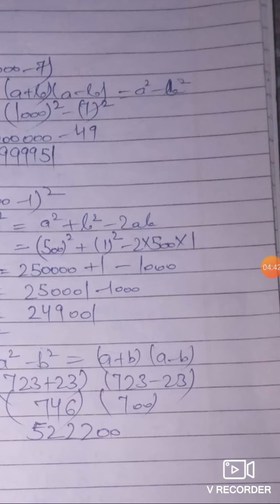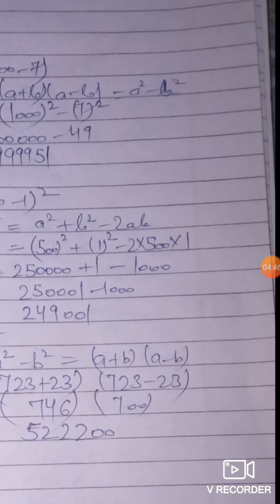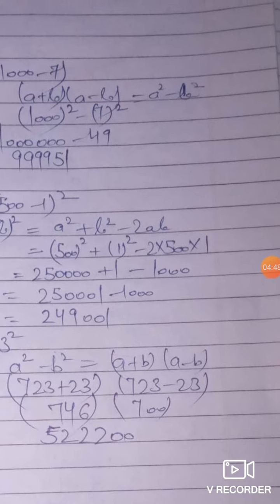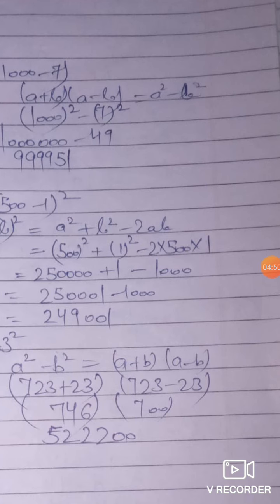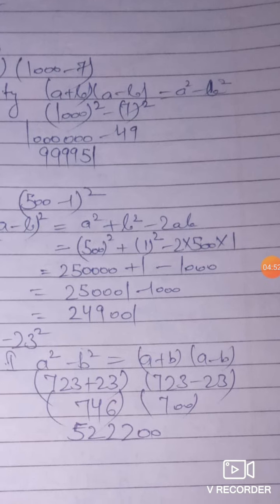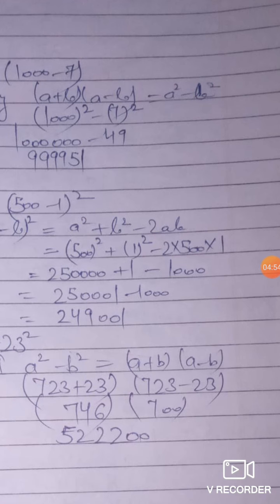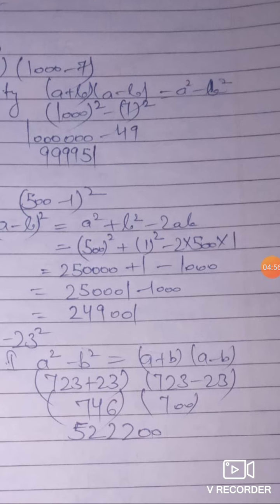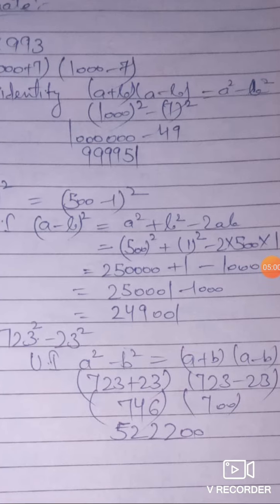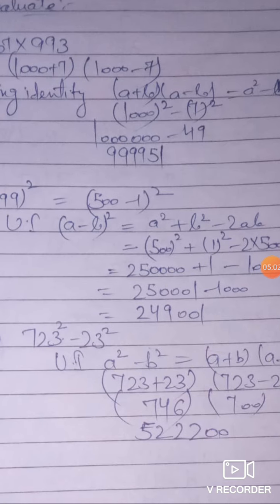We know that multiplying by 1 keeps it the same, so no need to multiply with 1. Only 2 into 500, and how much will 2 into 500 be, son? 500 doubled is 1000. Multiplying by 2 means doubling, so 500 doubled is 1000, minus 1000. We will solve it. Plus and minus, you know how to do it, and the answer comes.